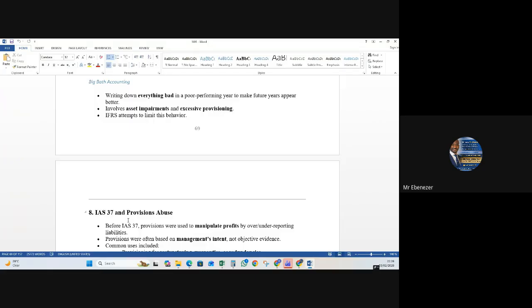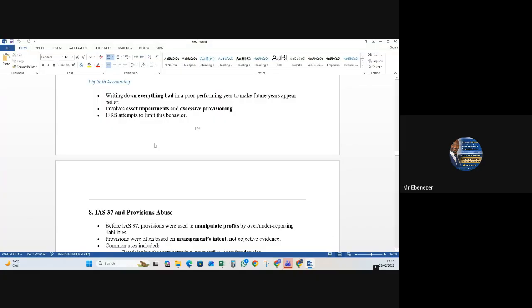So all these IFRS we have, or IAS, they are there to ensure that your big bath is reduced, regardless of when the period occurs, regardless of when the transaction occurs. Because you want to have a poor performing period, you're having asset impairment and all of that.